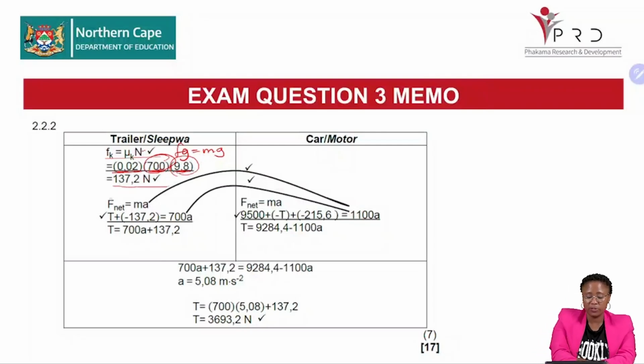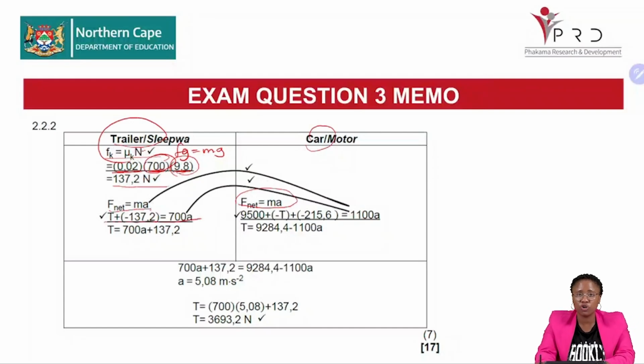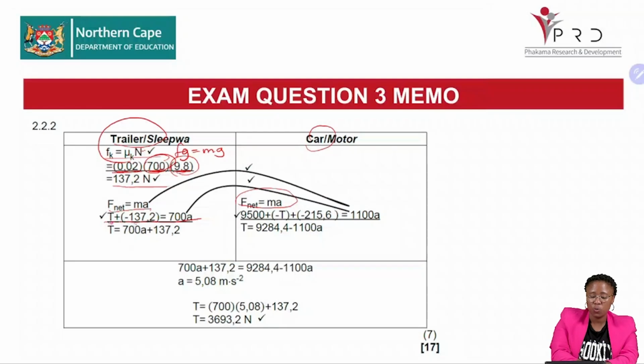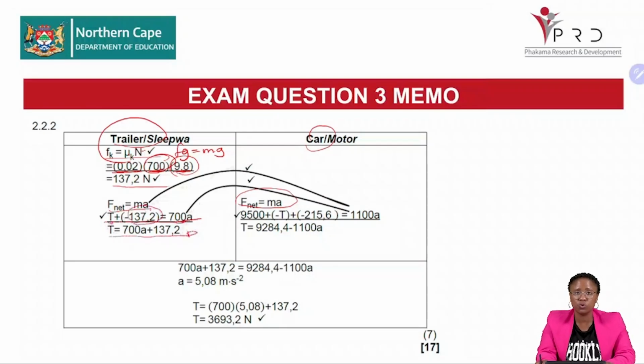Then after you are done with that, you will do Fnet equals ma for the trailer, and Fnet equals ma for the car. Then you identify all the forces that are acting along the horizontal axis of the trailer. We have the tension force, and we have the friction force that is opposing the motion of the object. We also have the mass of the trailer, and then what you do is to equate T. Remember that you have two unknowns, so you will always use simultaneous equations.